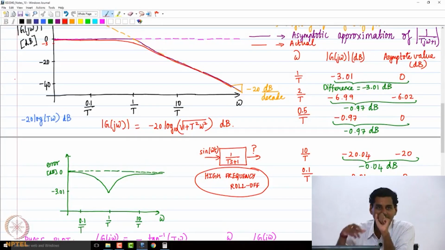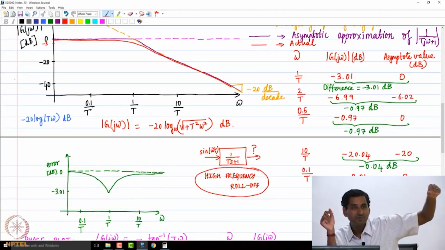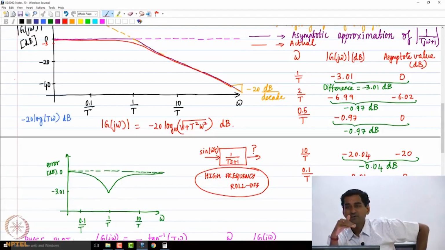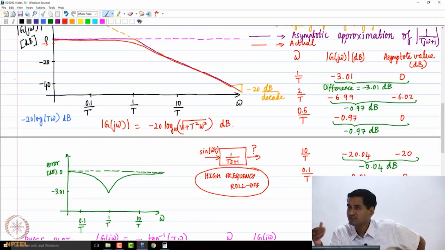So what is bandwidth? What is cutoff frequency? You take any factor, the cutoff frequency is the frequency at which the magnitude becomes lower by minus 3 decibels when you compare it with the low frequency constant value. Here the low frequency constant value is 0 decibels. At what value does it become 3 decibels lower than the low frequency value? 1 by capital T. What's 3 decibels below 0 decibel?